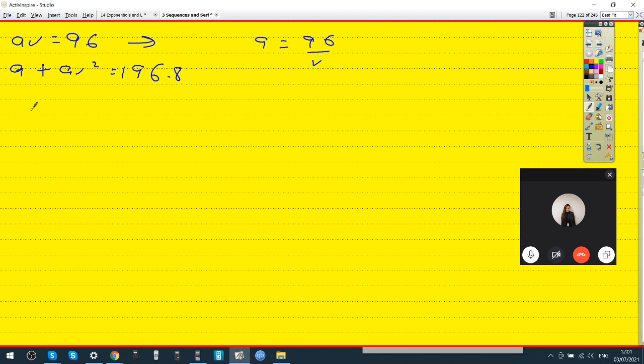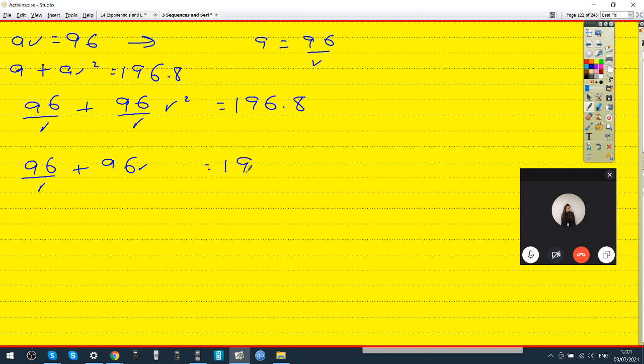So if we sub that in, we get 96 over R plus 96R equals that. And how do you solve that? Then we can solve for R. Divide by 96 on both sides. It's a bold strategy.